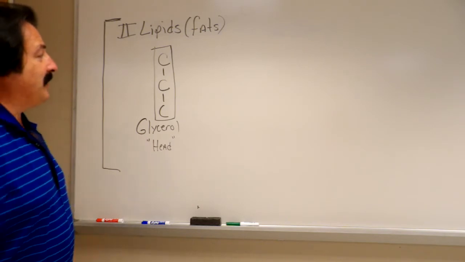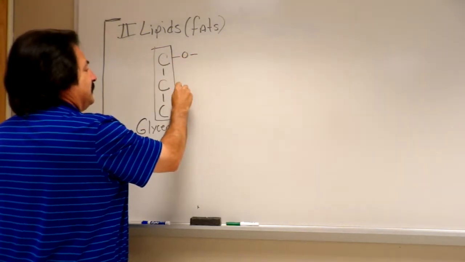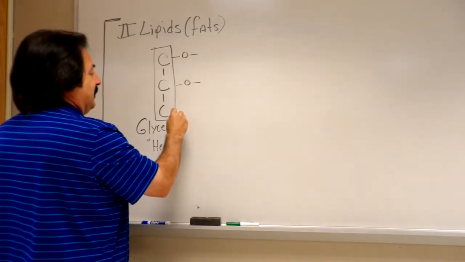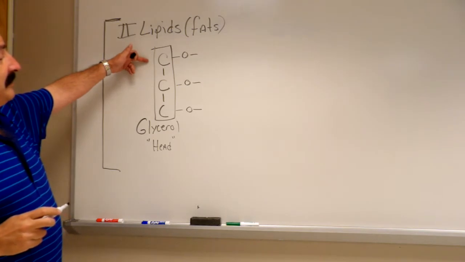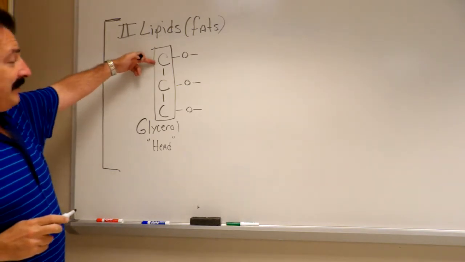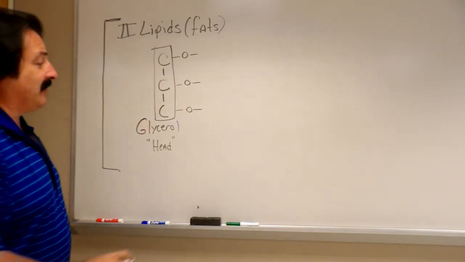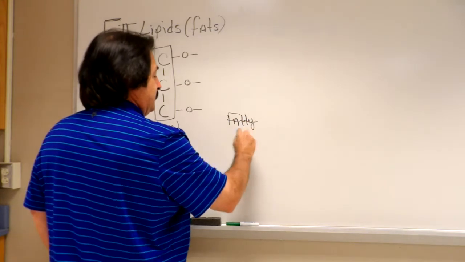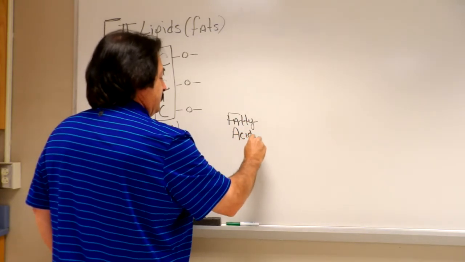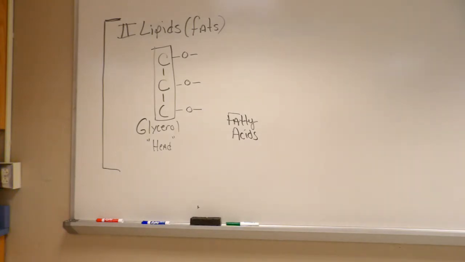Okay? Well, if you have a head, what do you have attached to a head? Tails. Okay? In this case, the glycerol head, having 3 carbons, has 3 tails. These tails are called fatty acids. Okay, fatty acids. Can you see that?